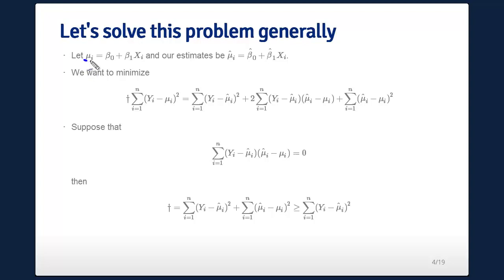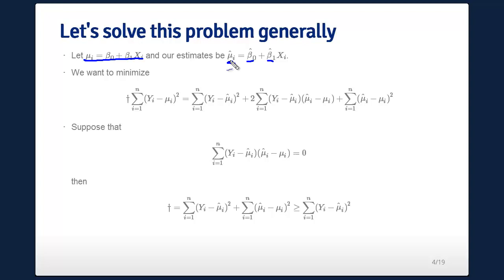So let mu i be beta naught plus beta 1 xi, just to reduce some notation. Then our estimate would be mu i hat: if we found a specific value of beta naught hat and a specific value of beta 1 hat, then our fitted mean would be mu i hat for that pair.